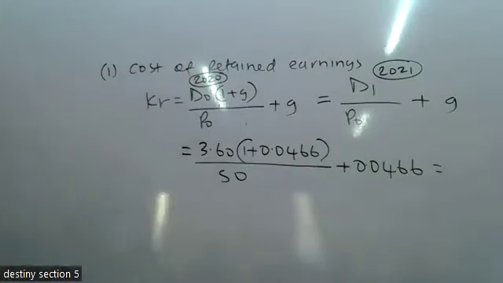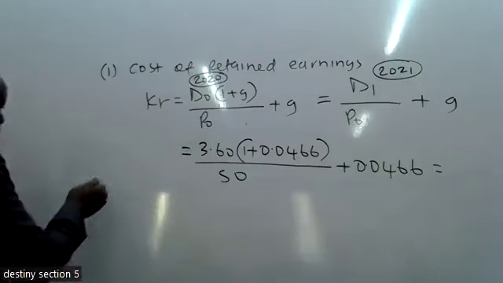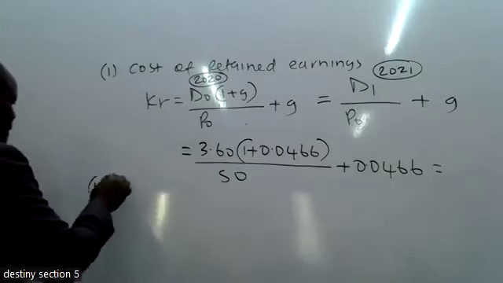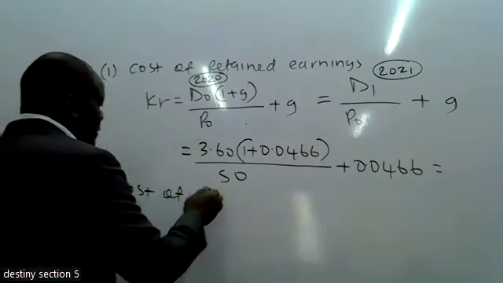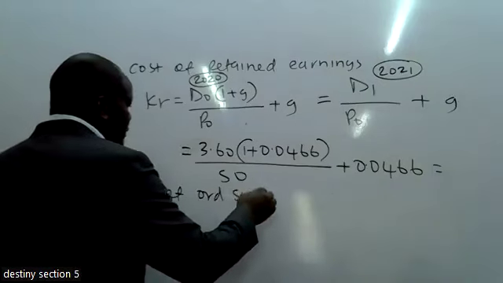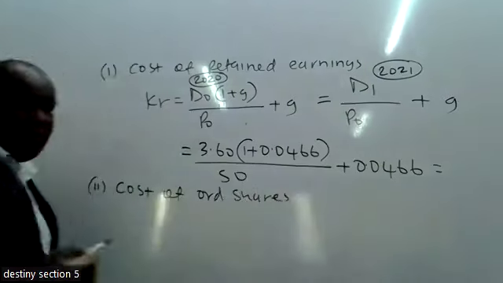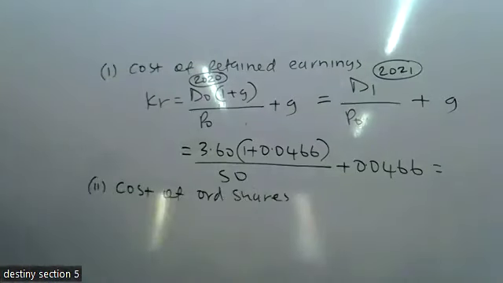So we go to the cost of the ordinary share. The next one should be the cost of the ordinary share.